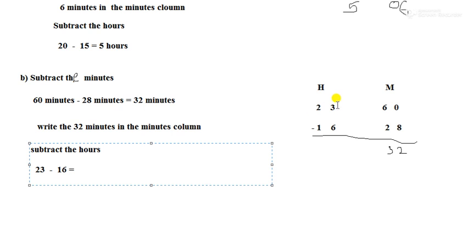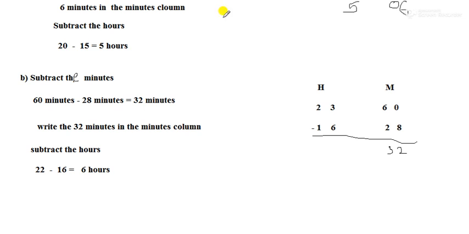So from this 23 hours we have regrouped, so it should be 22 hours minus 16 hours. So 22 minus 16 equals 6 hours.